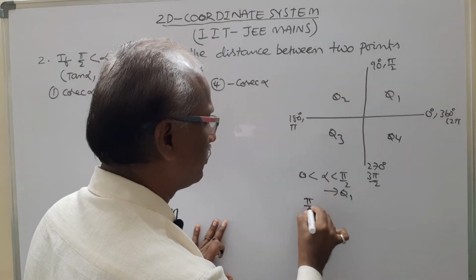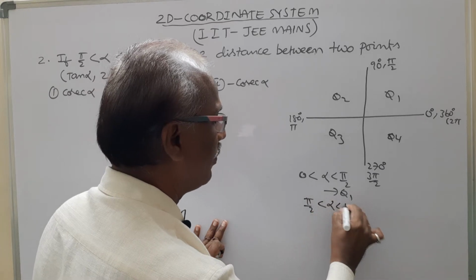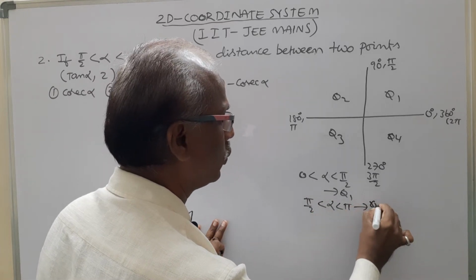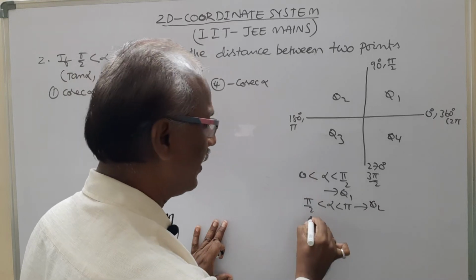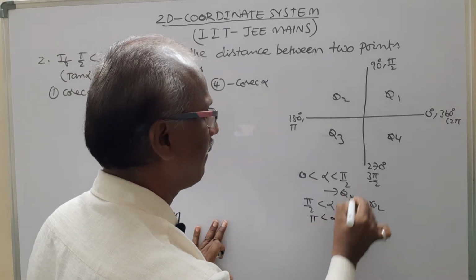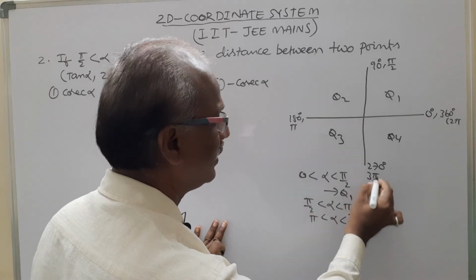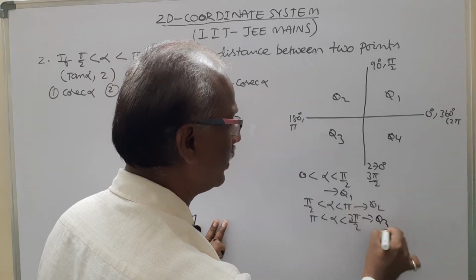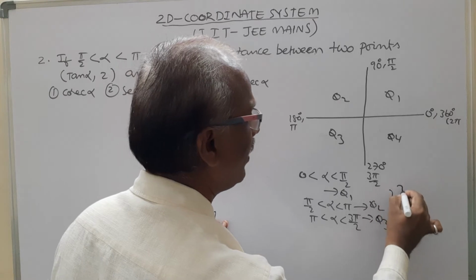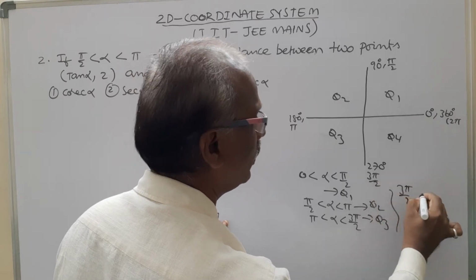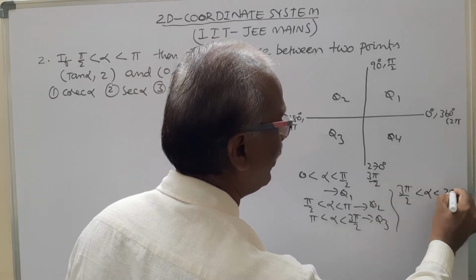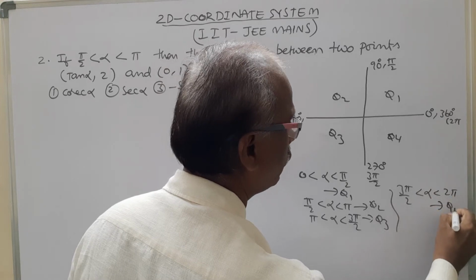Pi by 2 less than alpha less than pi belongs to Q2. Pi less than alpha less than 3 pi by 2 belongs to Q3. 3 pi by 2 less than alpha less than 2 pi belongs to Q4.